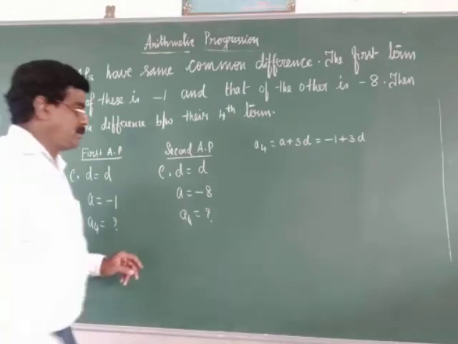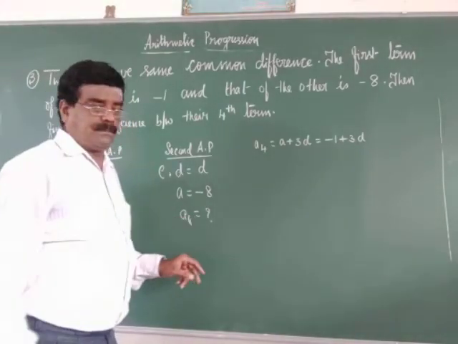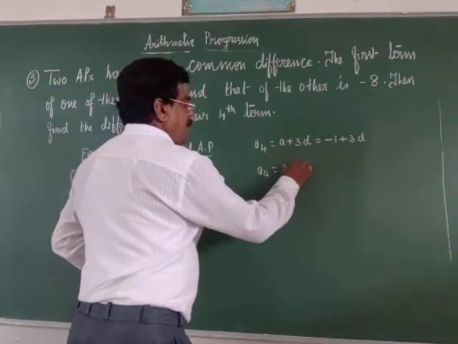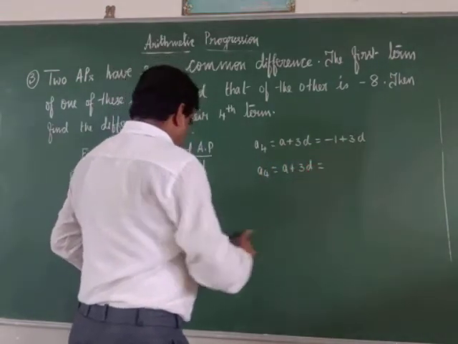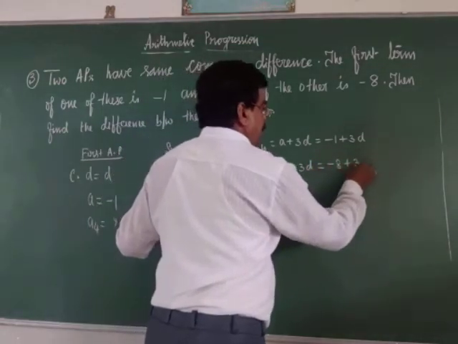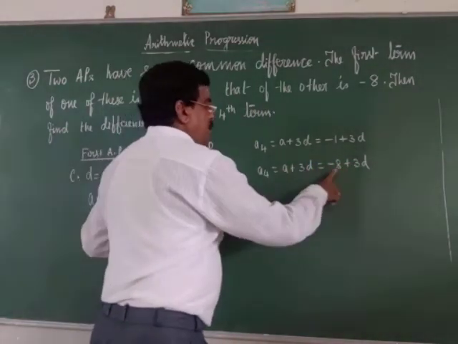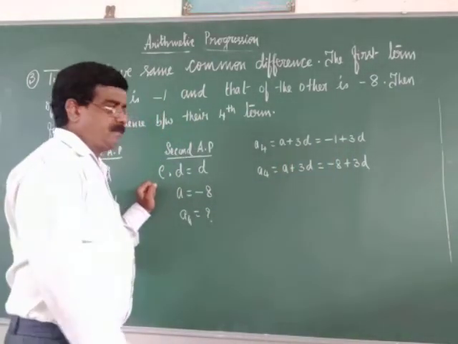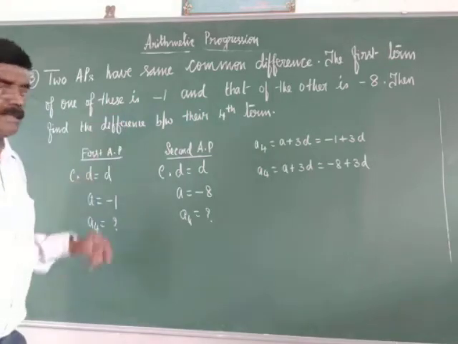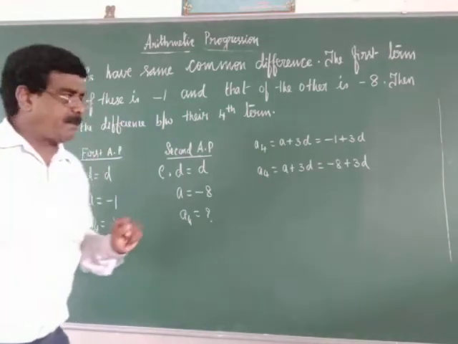Or according to this, a4, again the fourth term, a plus 3d, is equal to -8 plus 3 times the difference, because a4 is nothing but a plus 3 times the difference. Difference means you have to subtract.